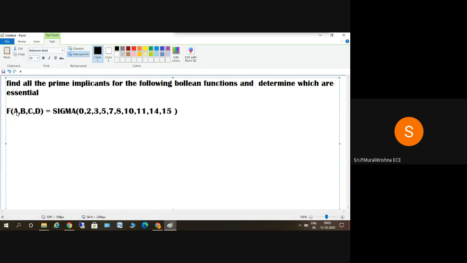So find the prime implicants and tell me which are essential, using Kmap.